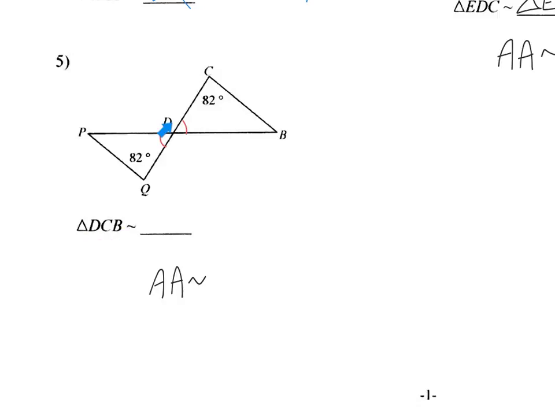So red arc to 82 to no mark. So I need to go red arc to 82 to no mark. So that's DQP. So triangle DQP.